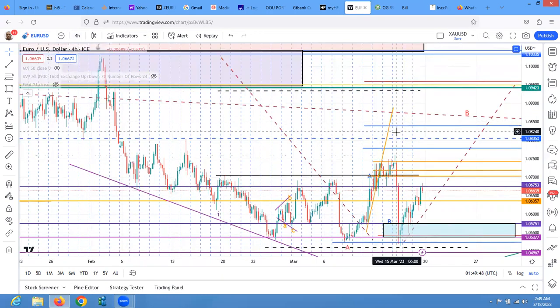So now, this is one thing that you must know, that this is a break of structure for what you think is 5, which ended this one. It's a break of structure.